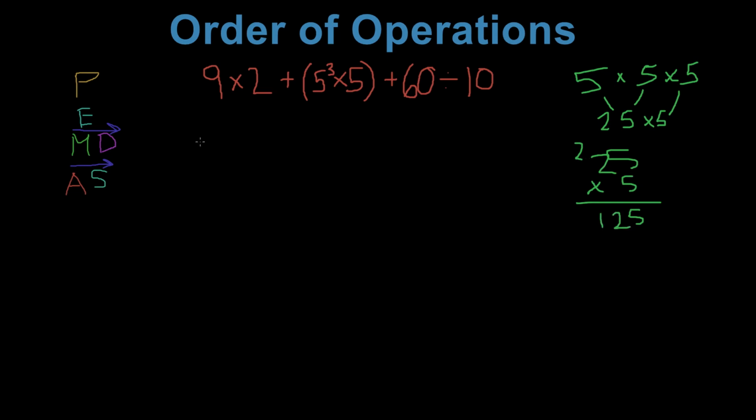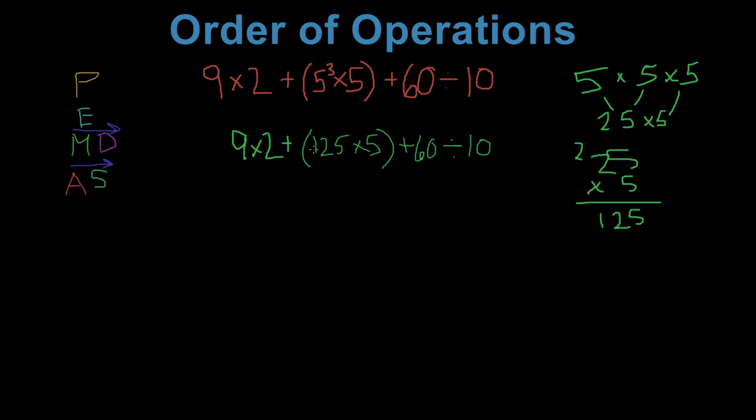So our new problem is 9 times 2 plus 125 times 5 plus 60 divided by 10. I'll erase that.